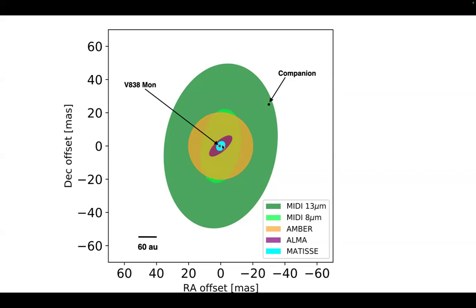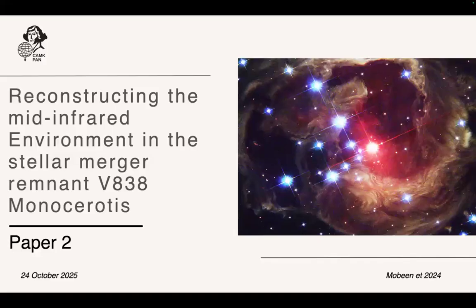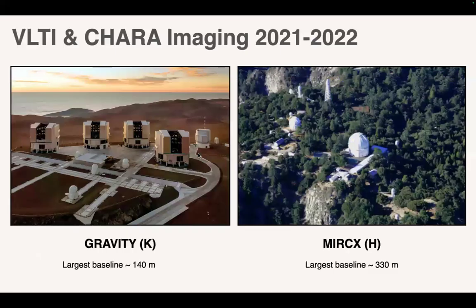It's really right next to whatever has formed in the aftermath of the eruption, whereas everything else is quite spread out. So moving on to imaging, we applied for more time on the VLTI.